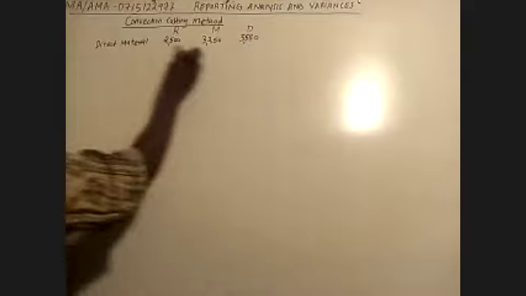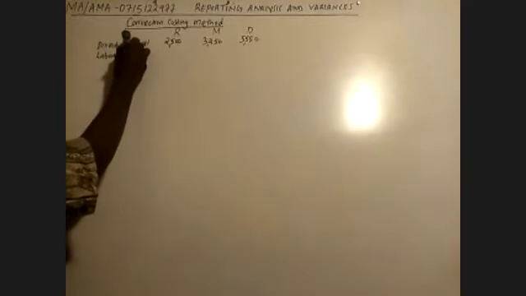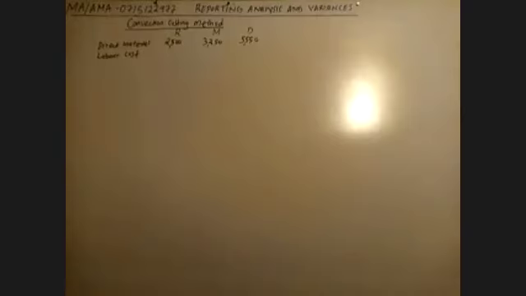Then you're supposed to add the labor cost. From the direct material cost, we add the direct labor cost. Now, what's our direct labor cost per unit? That one of D is 5,500, not 5,550.